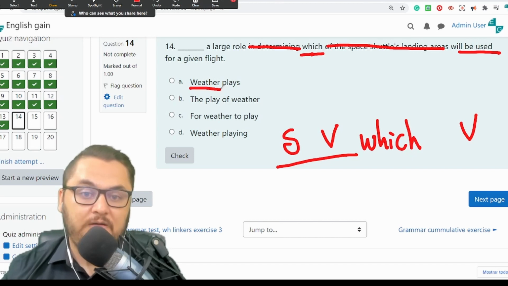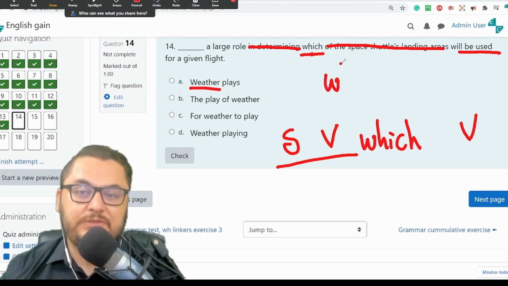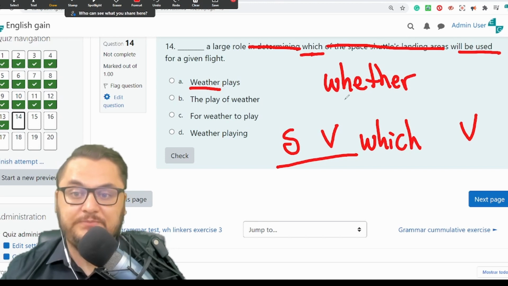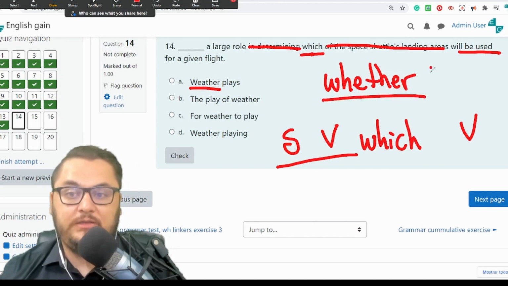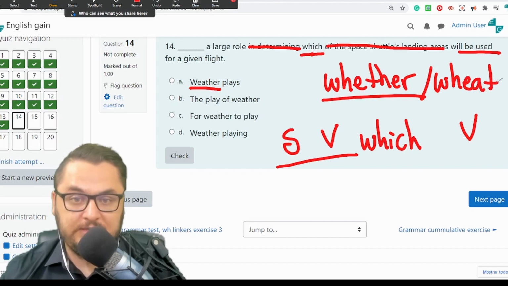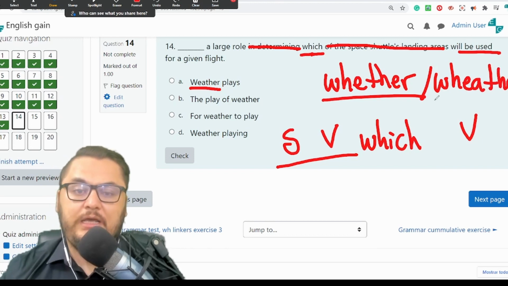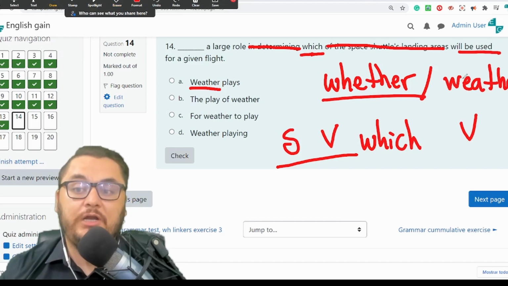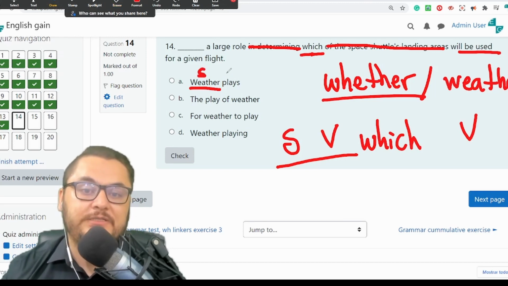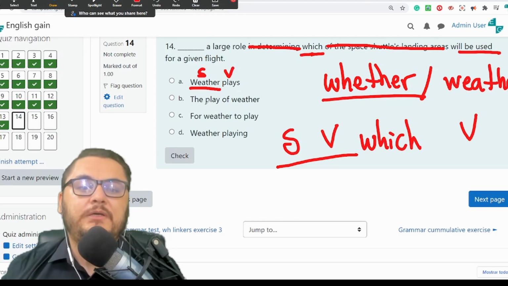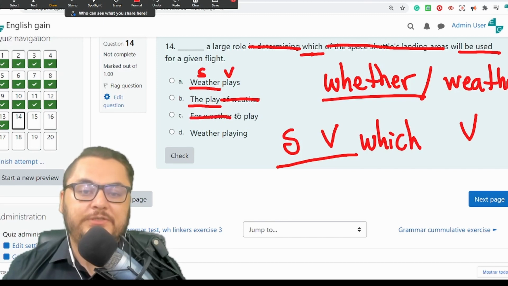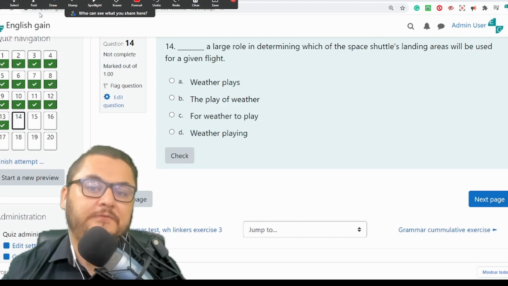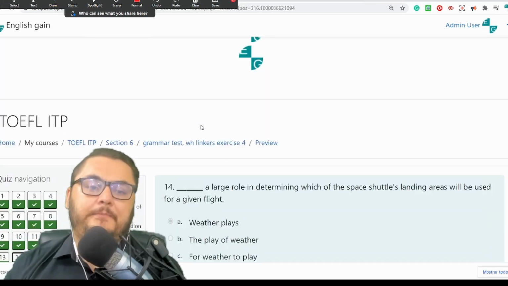Subject, verb. Whether. Please just remember there's a difference between whether and weather. This is different, and I'm going to check out the misspelling here. So it is not that word. This is a subject. This is a verb. This is going to be a subject plus a preposition, and a false verb, and an adjective. That's why none of them work for me. Okay, we continue.